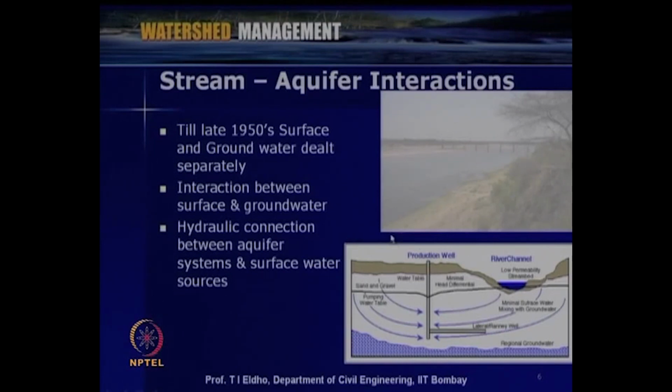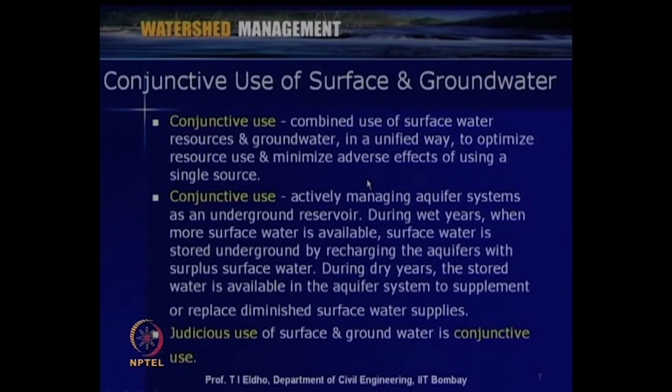Similarly, as I mentioned, if we are not utilizing the aquifer water and the river level is going down, then there will be reverse flow from the aquifer system to the river channel. So a lot of interaction takes place between the stream and aquifer, and we have to plan surface water and groundwater utilization accordingly.